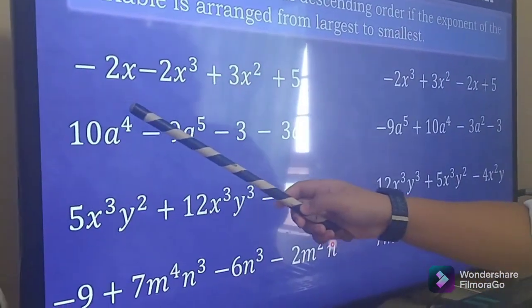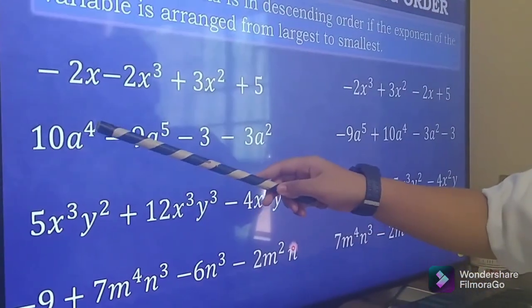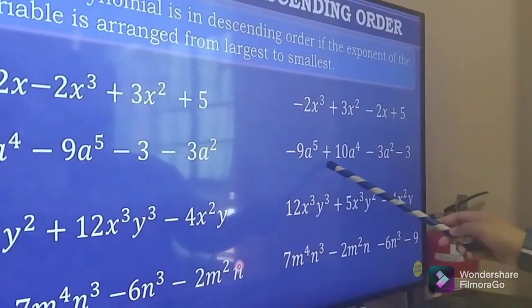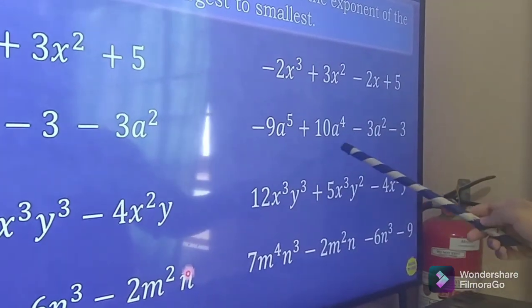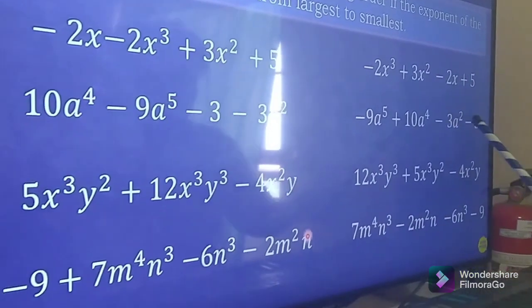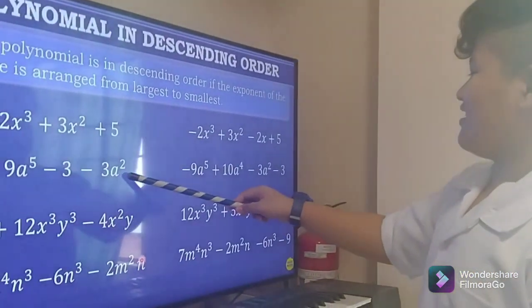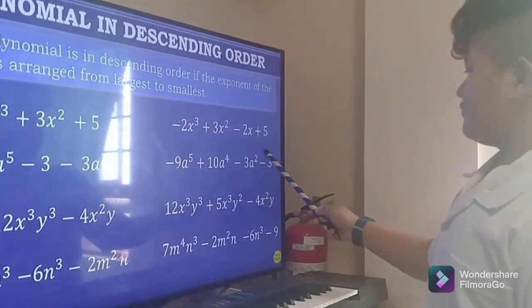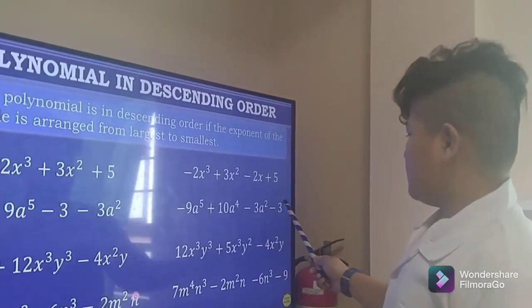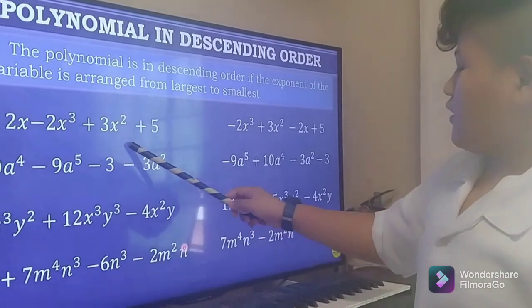Our second term is 10a to the fourth power. This will be our second. Our third term is 3a squared. Our last and final term is 3.